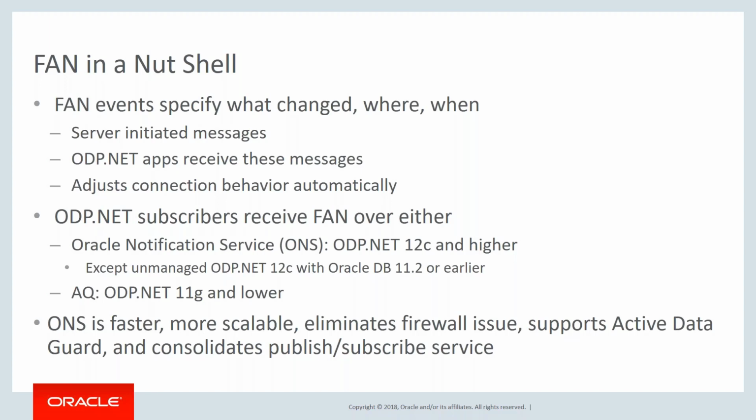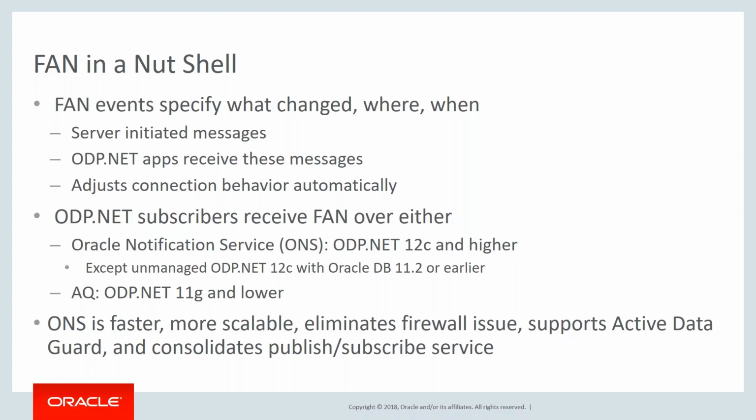It's faster. It also eliminates a firewall issue that used to occur with the older implementation with AQ, supports Active Data Guard, and other services are using FAN with ONS. So we've all consolidated with ONS. And if you're using ODP.NET 12c, you're pretty much always going to be using ONS.